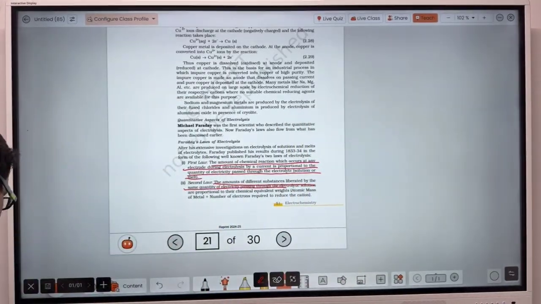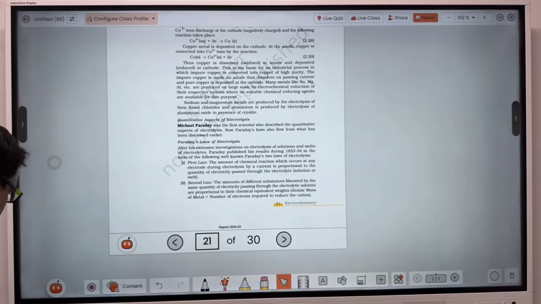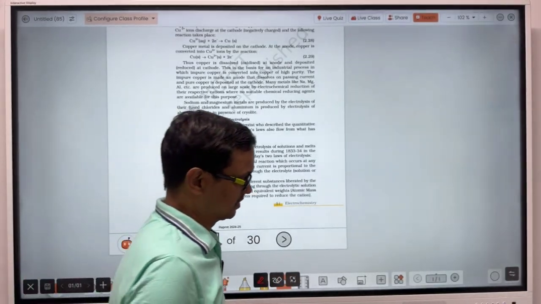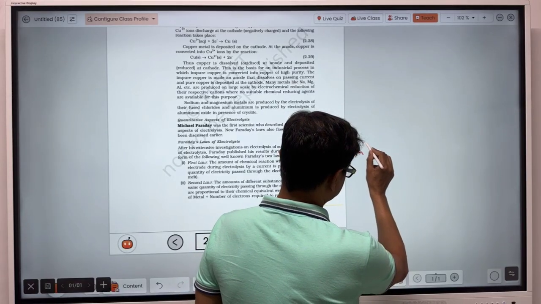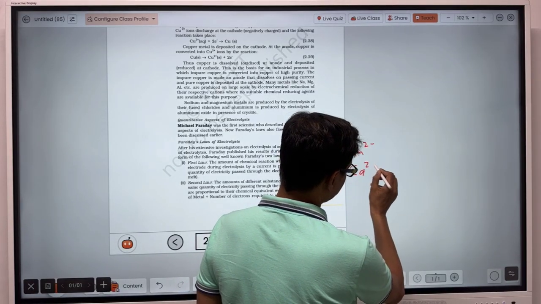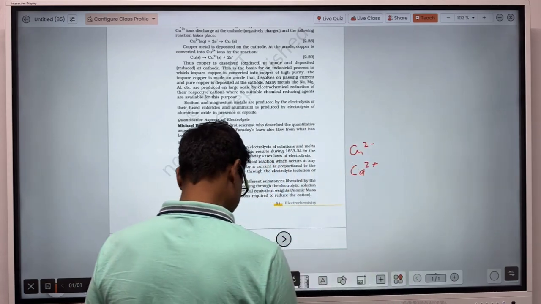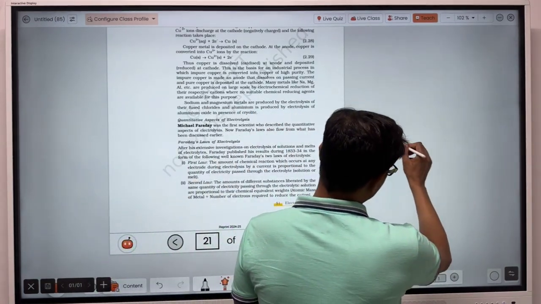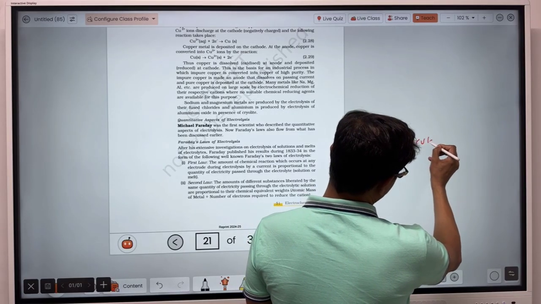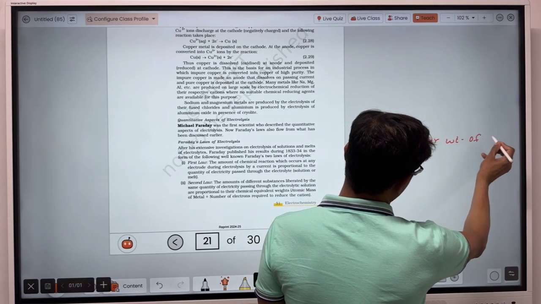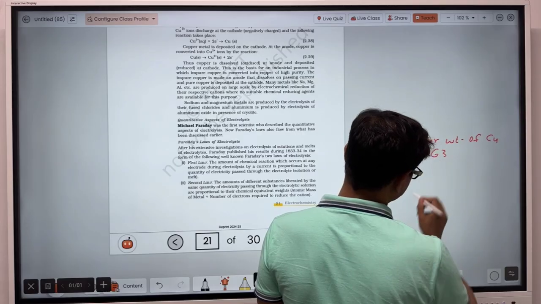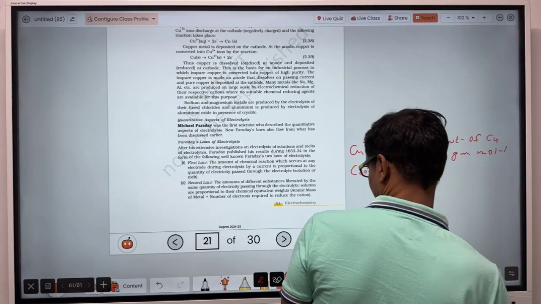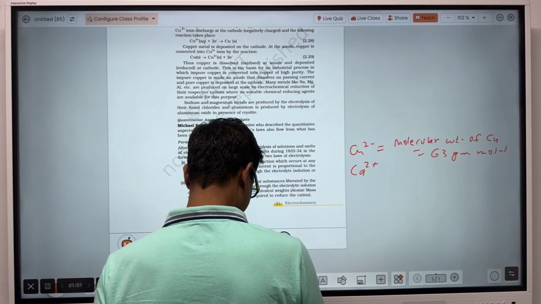Let's see here. Whenever you have to find the equivalent weight, you have to consider the charge, like Cu2+. Suppose Cu2+, copper atomic weight 63. The molecular weight of copper is 63 gram per mole, which you already know.